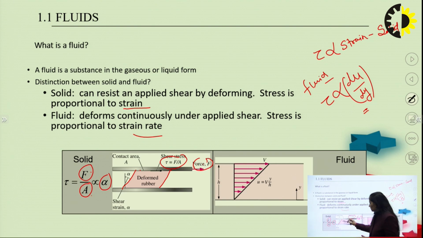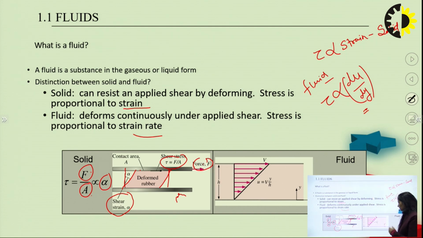That rubber was originally in this shape, but after applying force, it is deformed by some strain alpha. Okay. Now here you can see this is our distribution curve, how that particular rubber is deformed.